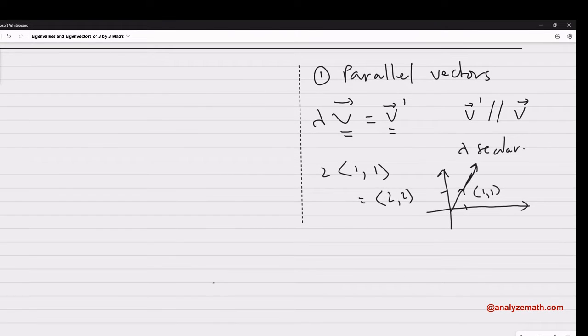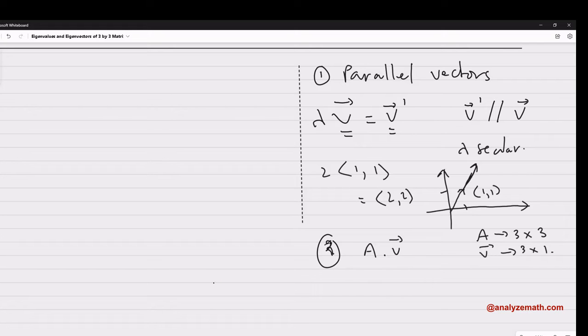Good. Now, let's go to the second point in the review. Take matrix A multiplied by a certain vector v. Just to make it simple, let's talk about a 3 by 3 matrix A, and v is a 3 by 1 column vector.